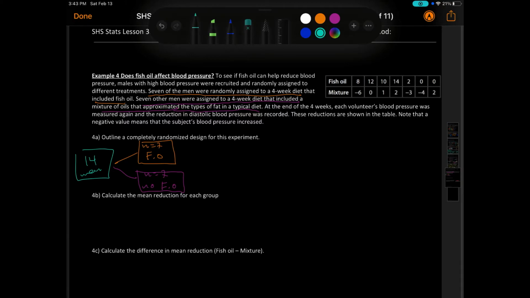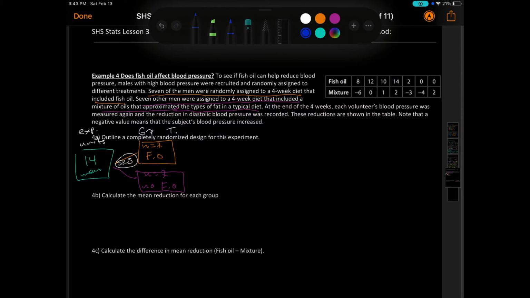So it's experimental units, just trying to use some vocab. Here we should have had some kind of SRS. And then you have the groups, the 7 men, and then the treatment was the fish oil or not fish oil.